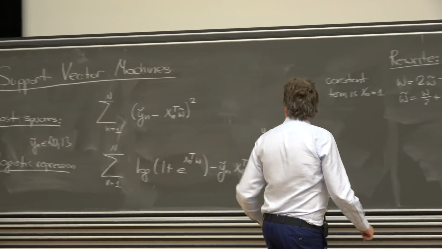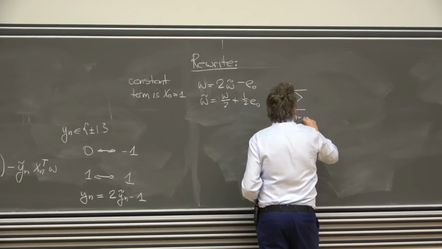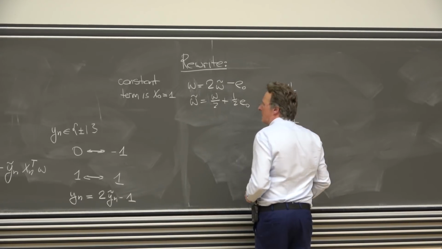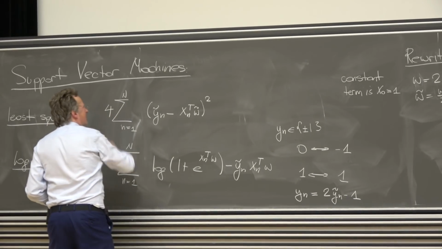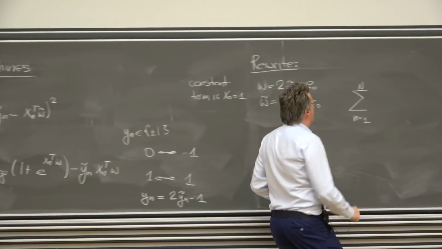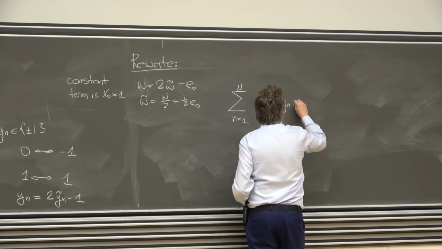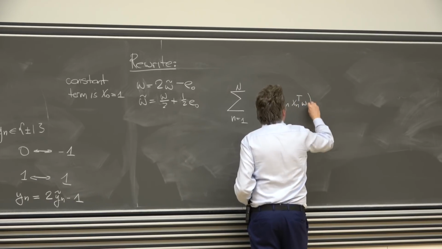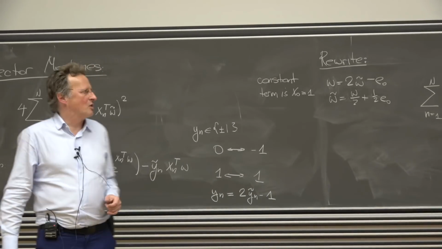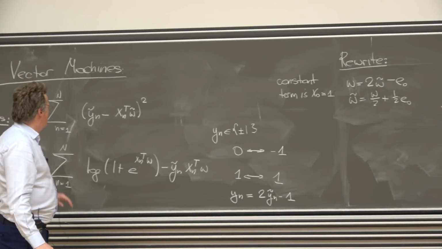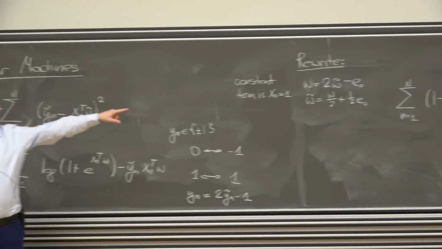And so if you write it down like this, if you just play around a little bit, you will see that this can be written like this. If we're thinking of 4 times this one, it will be equal to 1 minus yn x_n transpose w squared. Just an identity. So the only thing that changed is that you remember this was between 0 and 1, and this was plus minus 1.